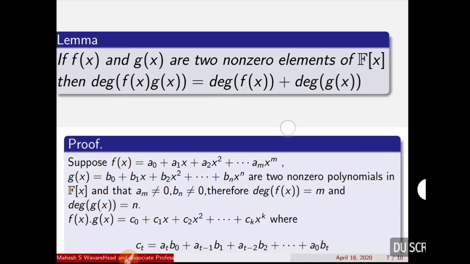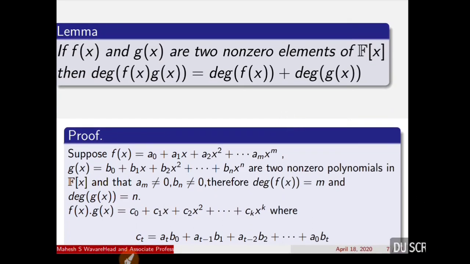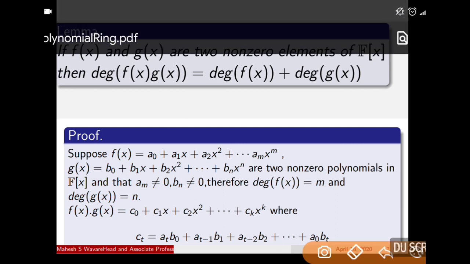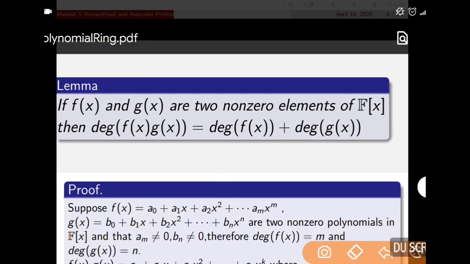Now we see an important lemma that plays an important role in showing how that set becomes a Euclidean ring. So we state this lemma first. Let f of x and g of x be two non-zero polynomials of the polynomial ring.